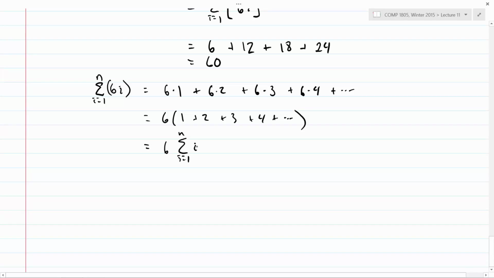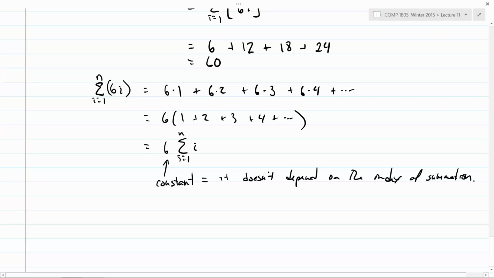What you have to be careful about here is we can only factor out 6 because it's a constant. And by constant, I mean it doesn't depend on the index of summation. Right?